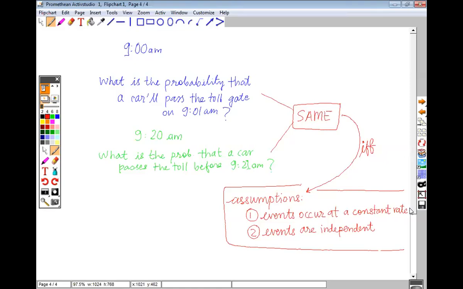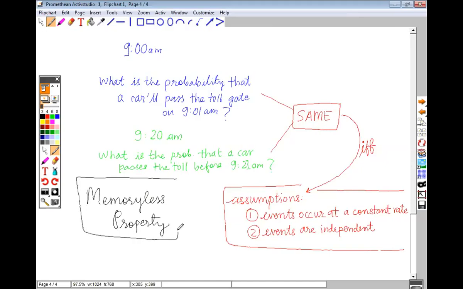Yeah, so this is what's happening. And again, let me write the heading for this: memoryless property. So memoryless property holds only for exponential distribution.